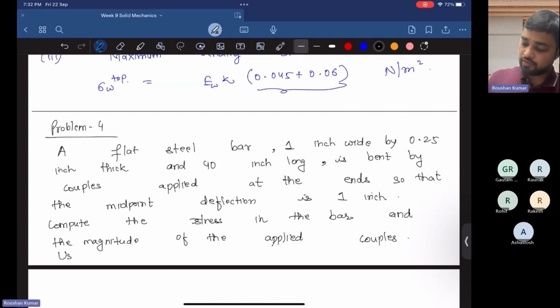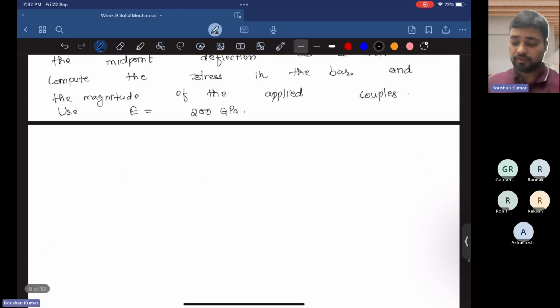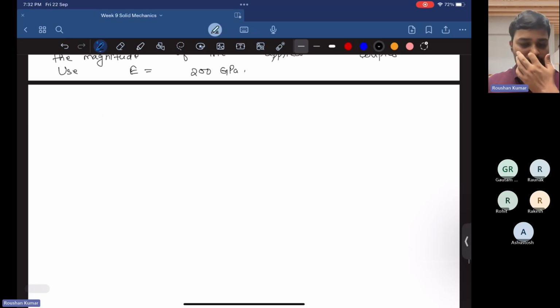Here you can use Young's modulus as 200 gigapascal. There is a figure also in this question.